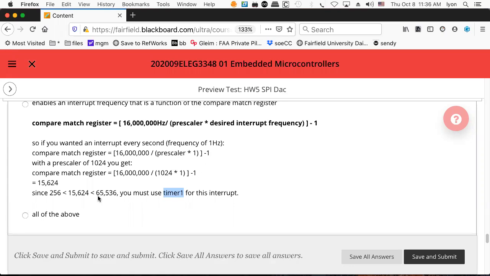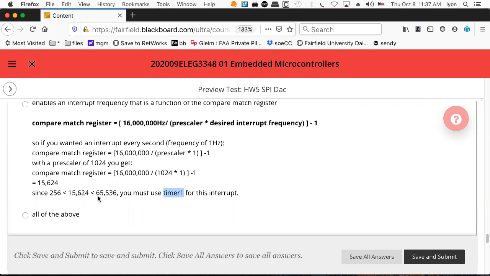When the timer counts up to 15,624 at the prescaler rate of 16 million divided by 1,024, then it will hit the trigger. So the timer frequency is going to be something like 16 million divided by 1,024. I'm using a calculator now. So the actual timer frequency is 15,625.